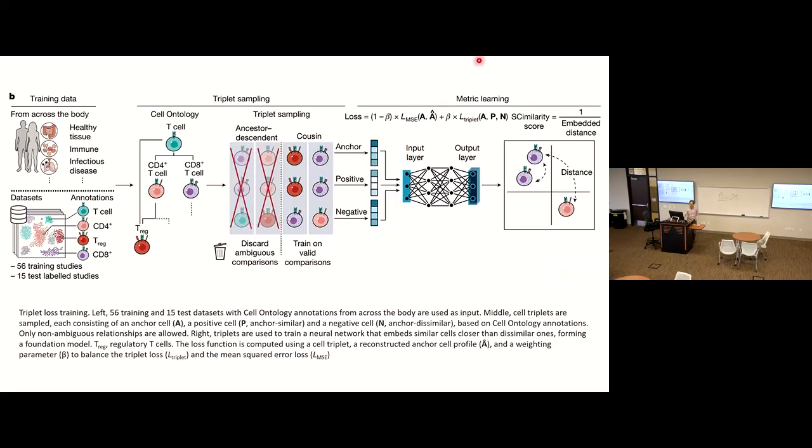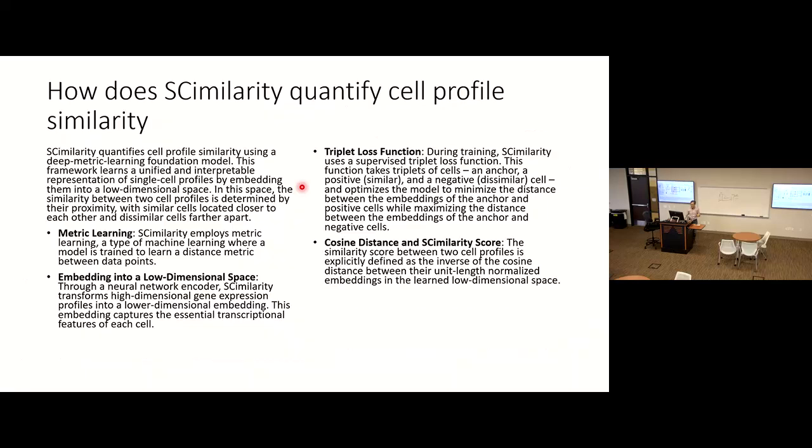When training, they provide a reference, a real one from the same category, and one from a different category. Use the cosine distance as a similarity score to compute.